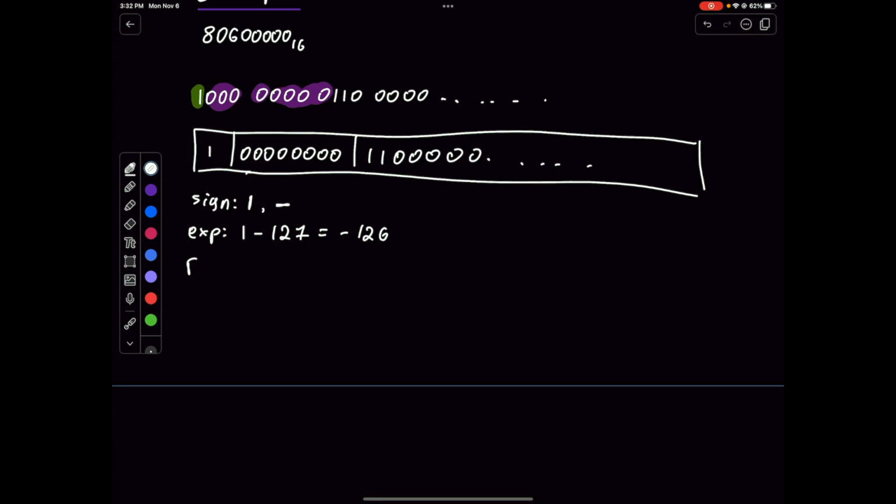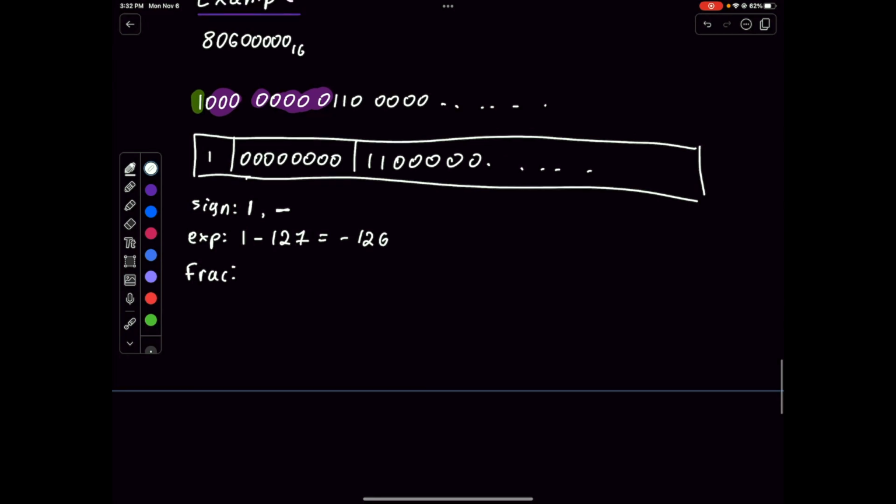Sign, exponent, and fraction. Now for the fraction, we can see it's just 1, 1. However, remember when it's denormalized, then the exponent is all zeros. There's an implicit 0 in front of the fraction, so that's what we get.